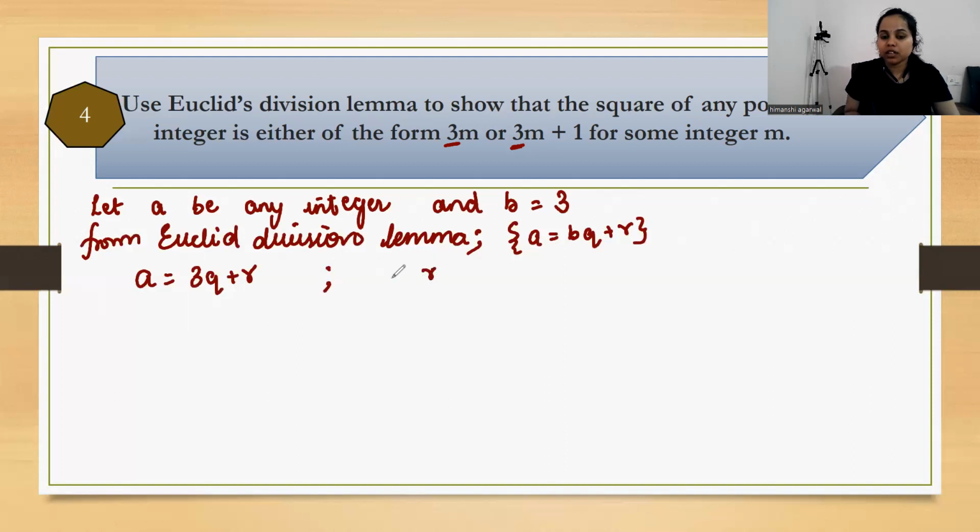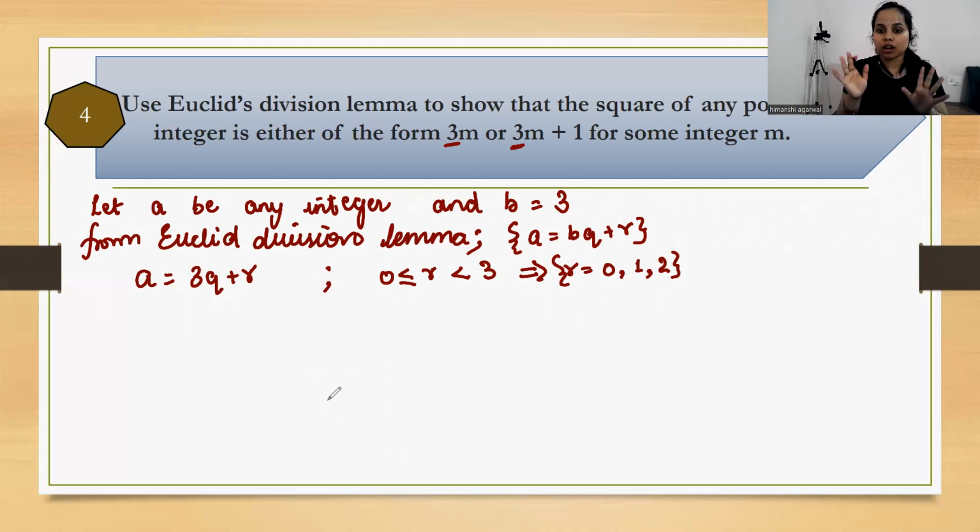R is greater than or equal to 0 and less than 3, so the value of R could be either 0, 1 or 2. Please do not make any mistake while writing the value of R. The remainder is always less than the divisor. If you are dividing anything by 3, the remainder will definitely be less than 3, and only then will the division stop. That's why the remainder will be less than 3.